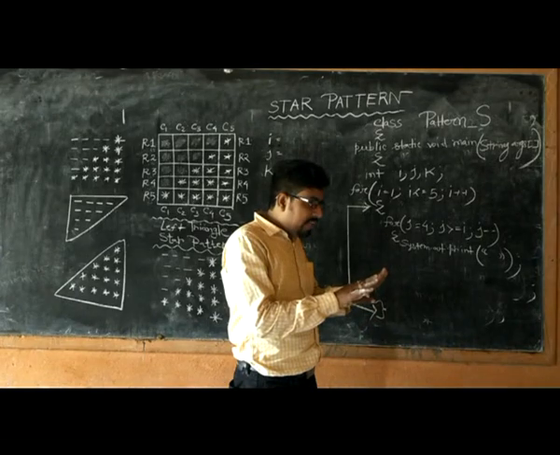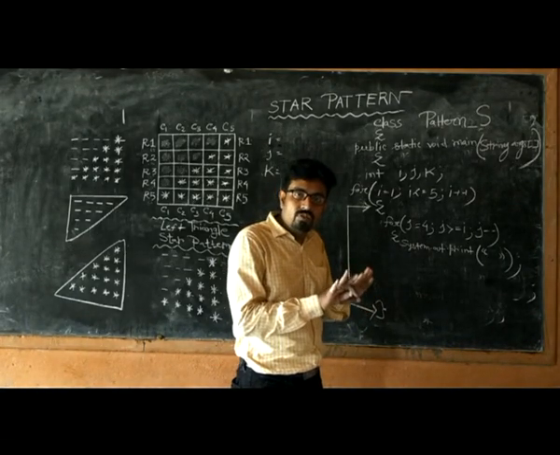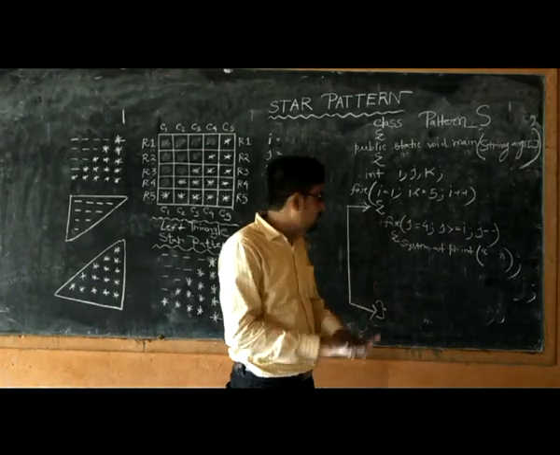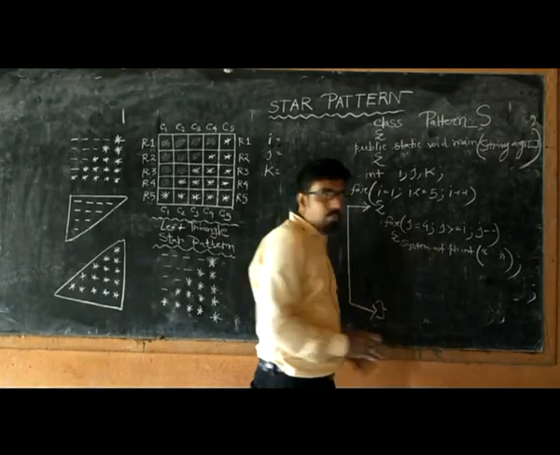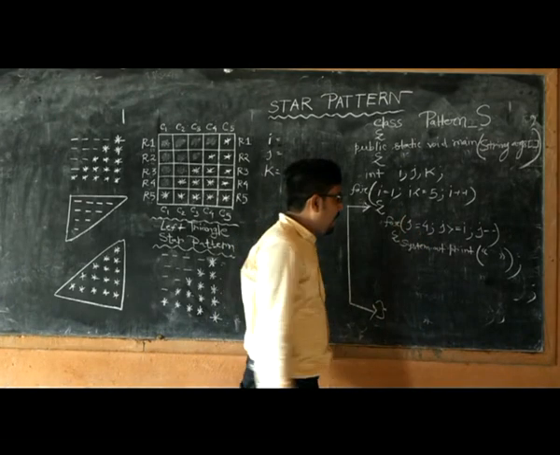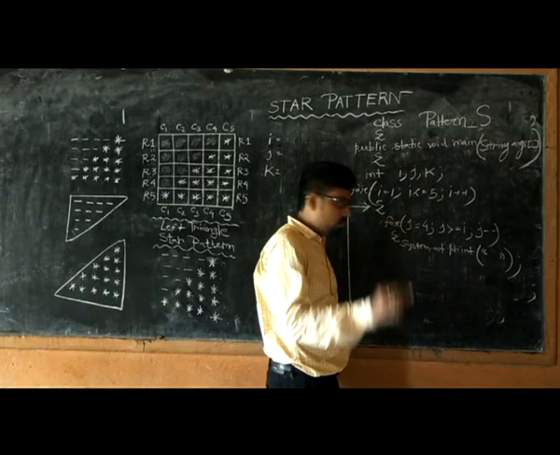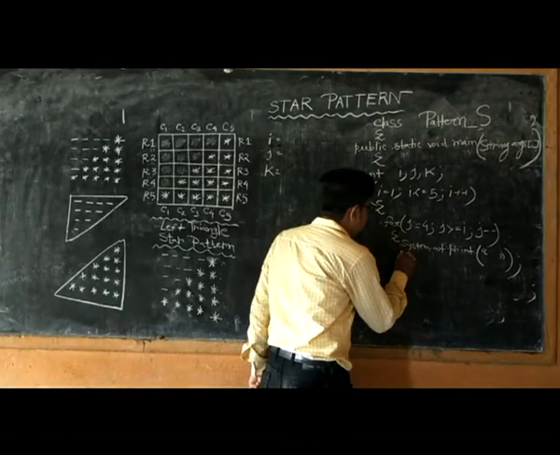Space and star both together we need to print row wise. That thing we first need to understand, students. The space number 4 will start and it will run up to the I row's value. Now second bracket close.